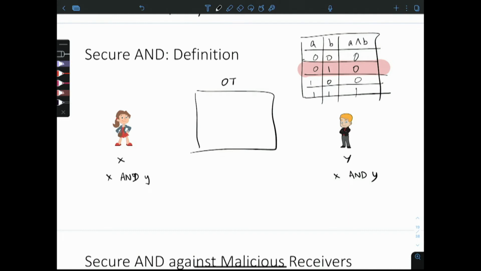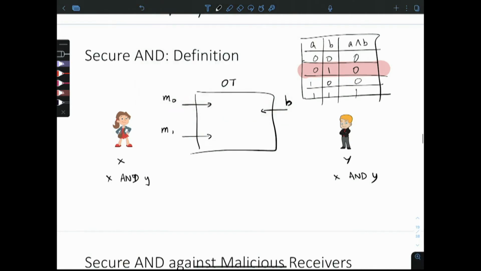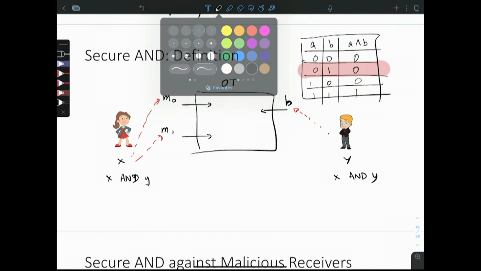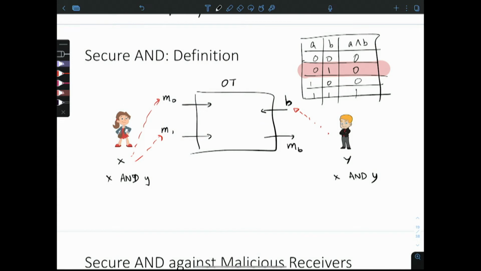Can you think of some way to set Alice's inputs M0, M1 into an OT in such a way that Bob computes his bit B as some function of Y, Alice computes her M0, M1 values as some function of X, in such a way that at the end of this, what Bob gets is M sub B, which should be X and Y?